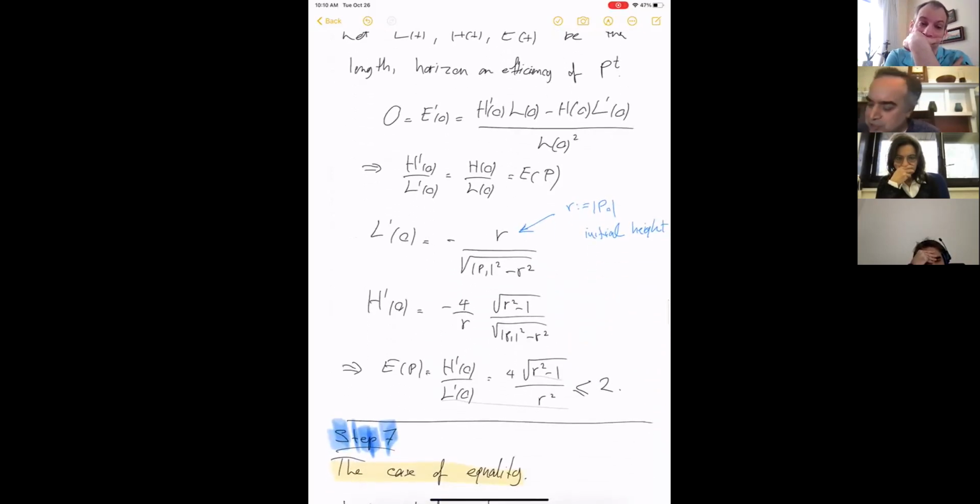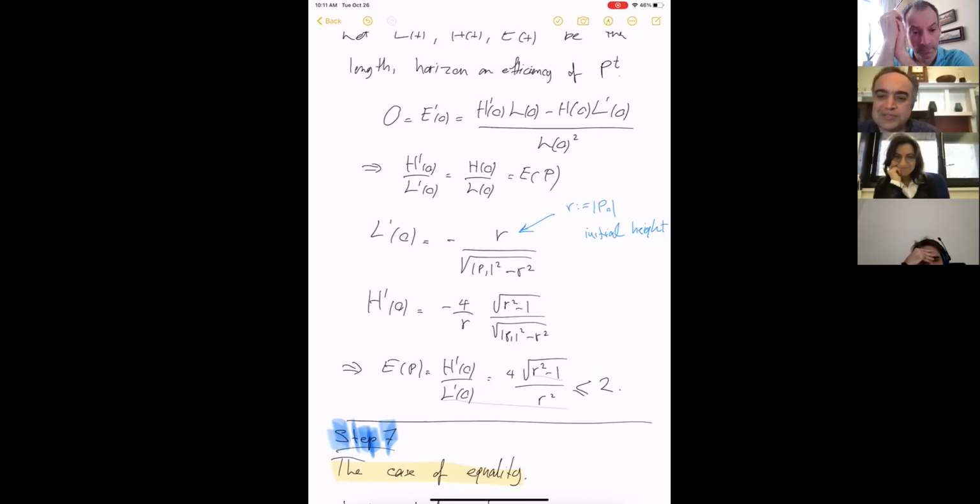Now you take the ratio and you obtain this nice function, 4 times the square root of R squared minus 1, over R squared, where R, remember, is the initial position. This function is always bounded above by 2, and it's equal to 2 precisely when R is the square root of 2. So this solves the problem for polygonal curves.